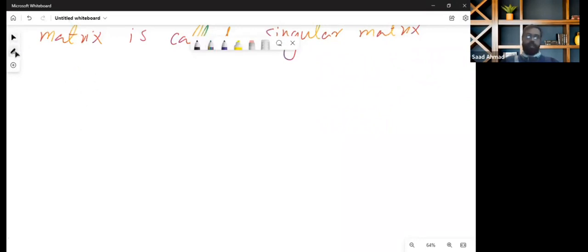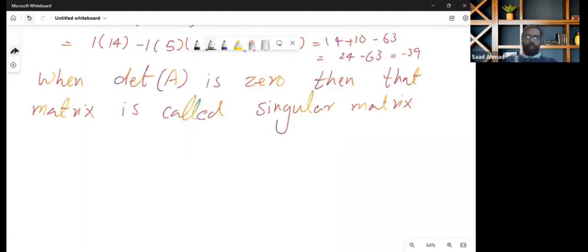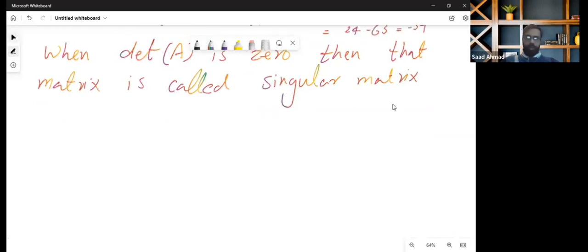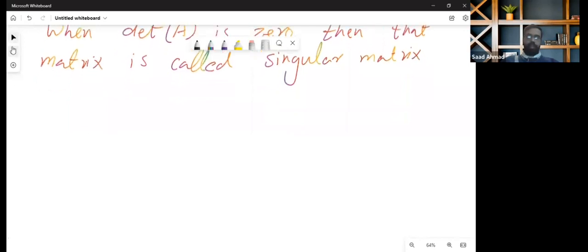Okay, there are some other basic rules that we can see. Let's say there is a matrix A, all right?